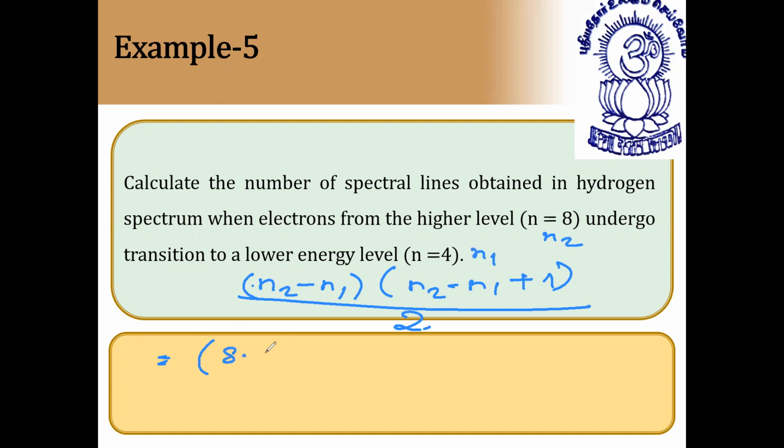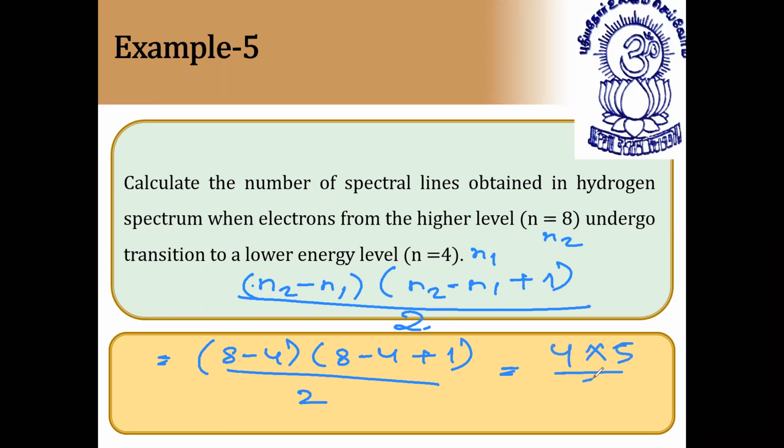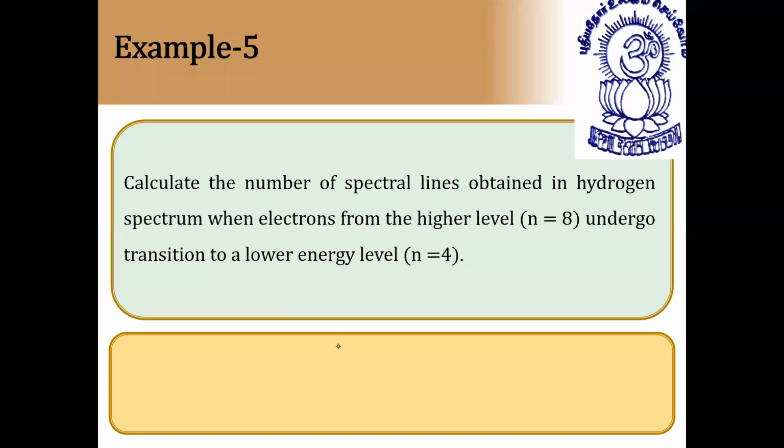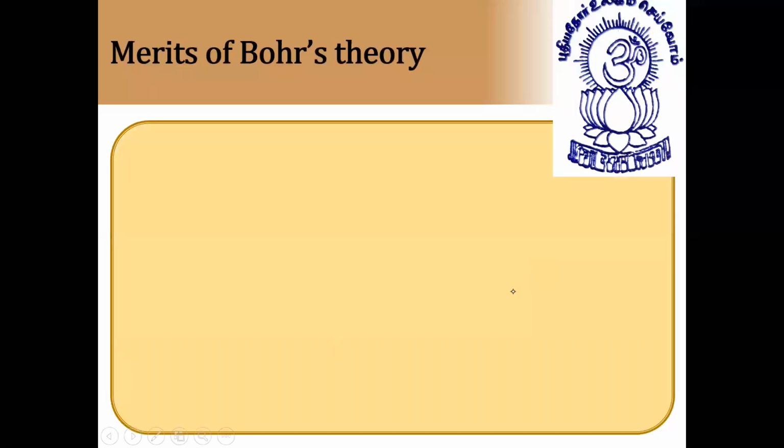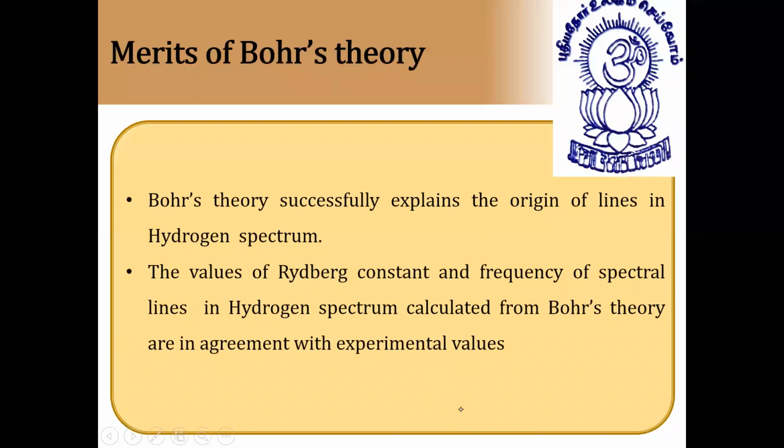So 8 minus 4 into 8 minus 4 plus 1 by 2. So it is 4 into 5 by 2, 20 by 2, it is 10. So I hope this is clear for you. The answer is 10. These two formulas are most important from the competitive point of view. They will ask questions like this.